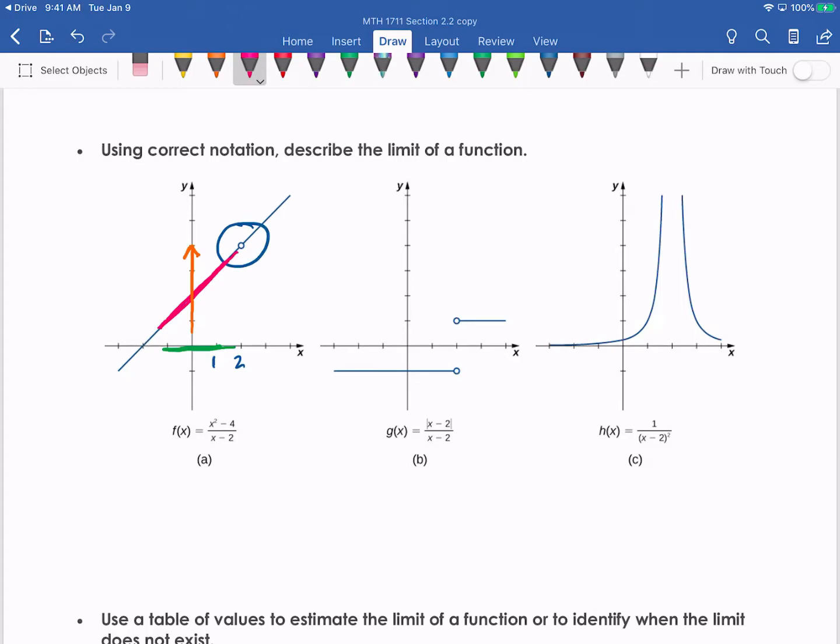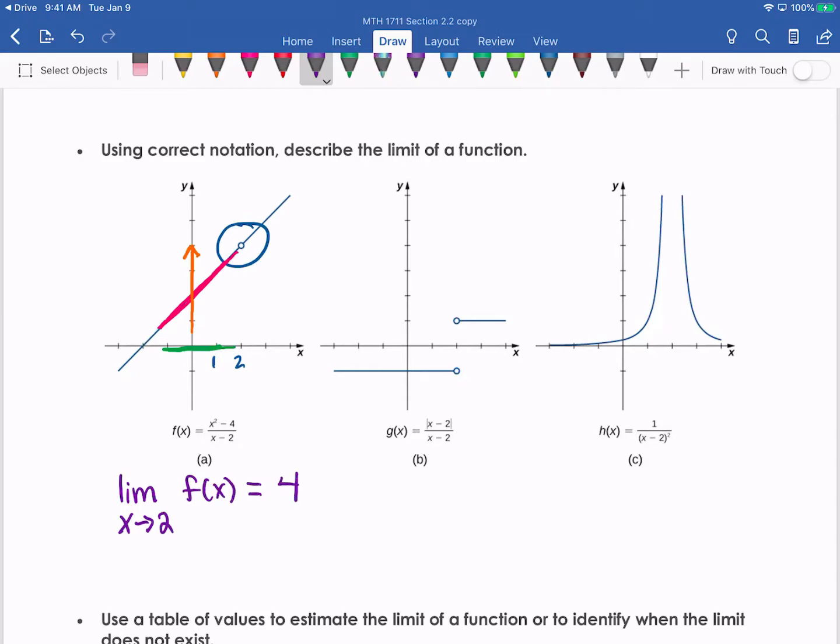Now, for a limit, the idea is what is happening to the value of a function as x approaches some number. You don't actually have to reach that value of the function. It's what am I getting closer to? The notation would be the limit as x approaches 2 of f of x is equal to 4.